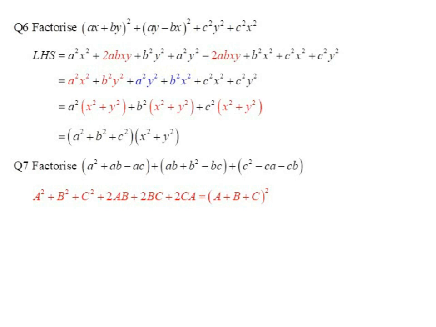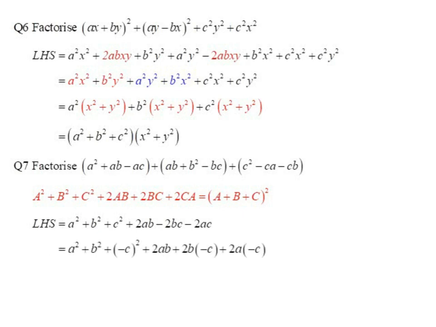The next step is to link the expression to be factorized to the formula displayed in red. Here we use negative c to match the capital C in the formula, and they just perfectly match. So we use the formula to complete our factorization.